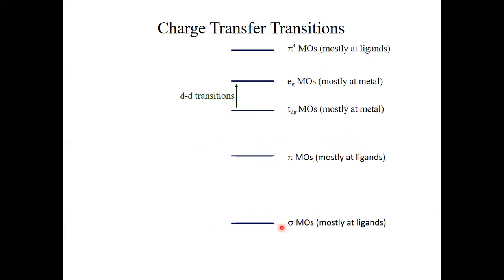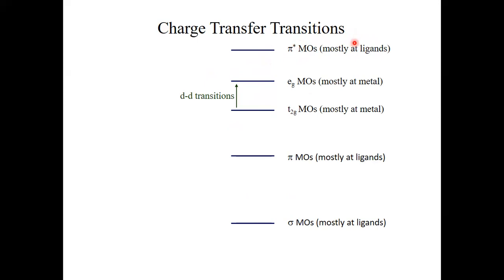And we can also have sigma molecular orbitals coming from the sigma interactions between the metal and the ligand. In addition to that, above the d orbitals, we can have pi star orbitals, located mostly at the ligand, and they can come from pi acceptor interactions between metal and the ligand.